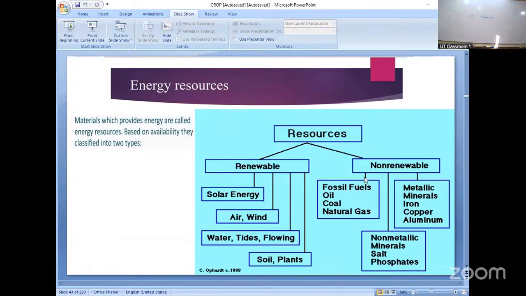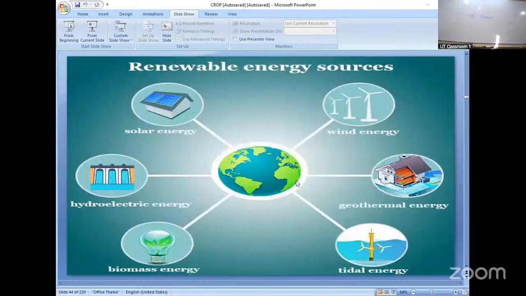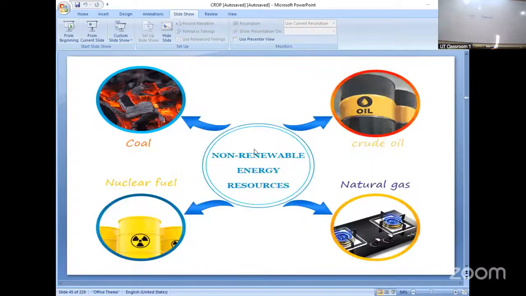Non-renewable means fossil fuels, oil, metallic minerals, which we cannot renew again. See here: solar energy, hydroelectric energy, biomass energy, tidal energy. These can be renewed.